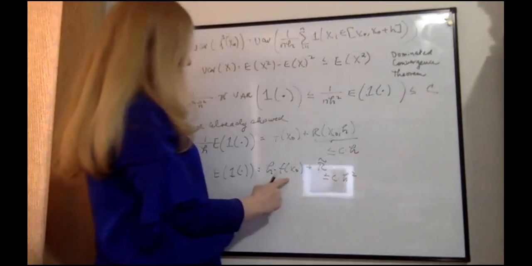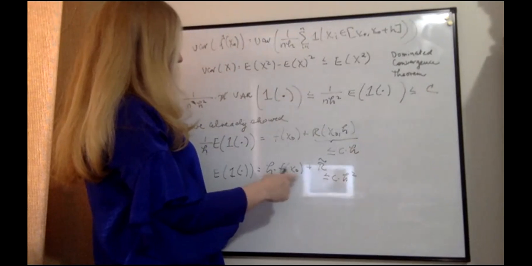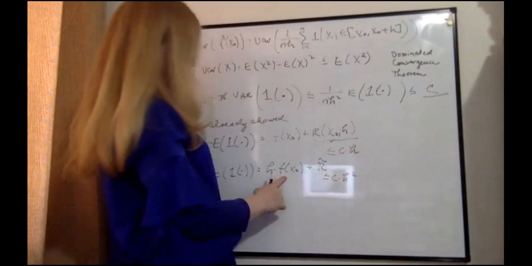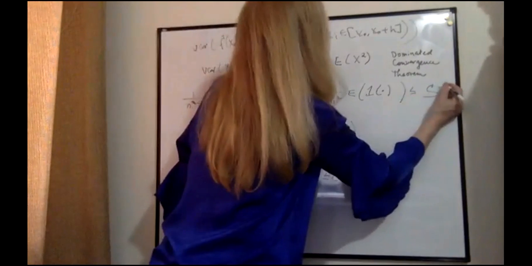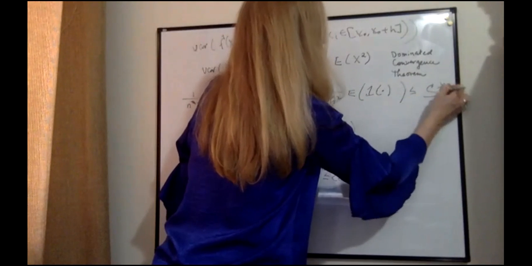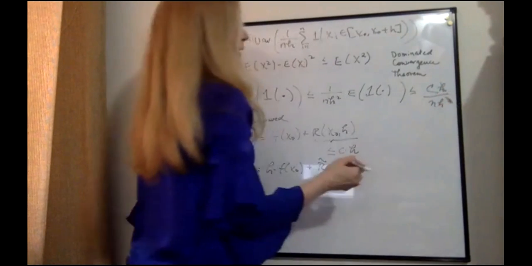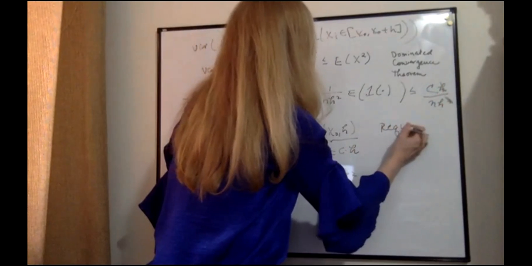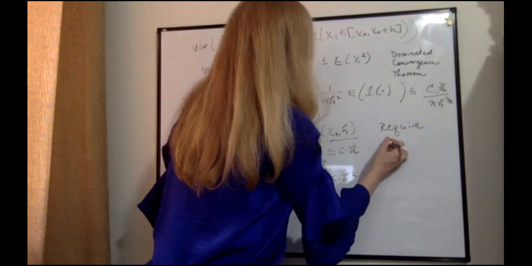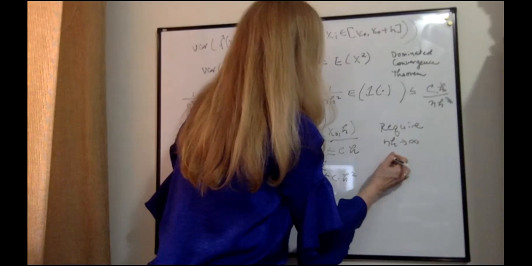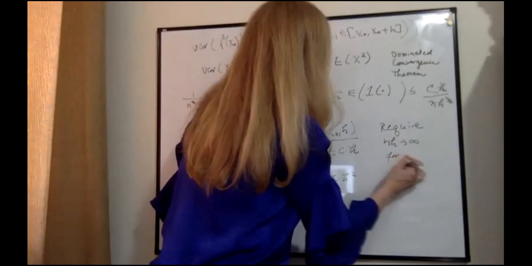We're assuming that f of x naught is bounded by a constant, so it's c times h all over nh squared. This h cancels with one of these h's. So the key result is we require that nh has to go to infinity for the variance to shrink to 0.